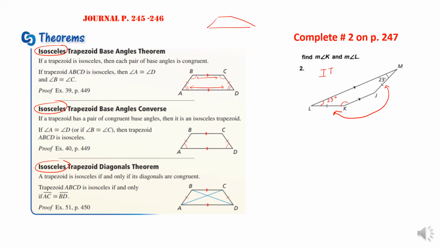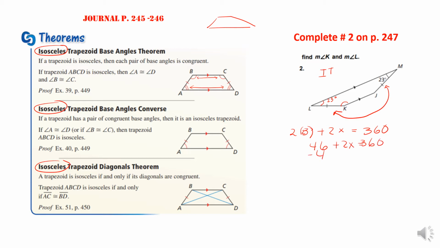Now I know that the sum of the angles is 360 because it's a quadrilateral, so the sum of all the angles is 360. I'm going to go 2 times 23 plus 2 times the missing angles equals 360. So I get 46 plus 2x equals 360.